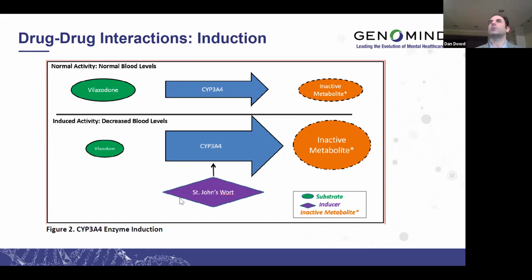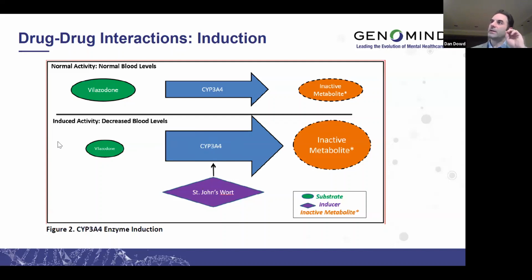Well, how is that possible? It's an over-the-counter herbal product. They're safe, right? Well, St. John's wort has many significant drug interactions. And the reason it does that is because it is a potent enzyme inducer. It amplifies the effects of 3A4. And so because you have more enzyme around, now your vilazodone blood levels go down.